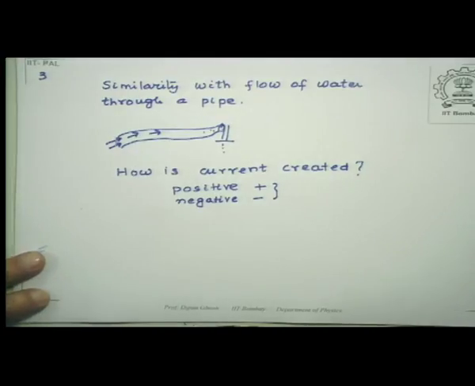Now for instance, we could create a static charge by rubbing together two materials. This you have learned in your first lecture on electricity, where we talked about static electricity.